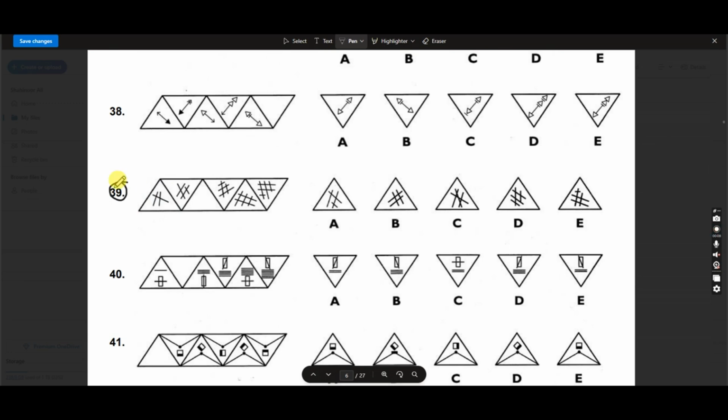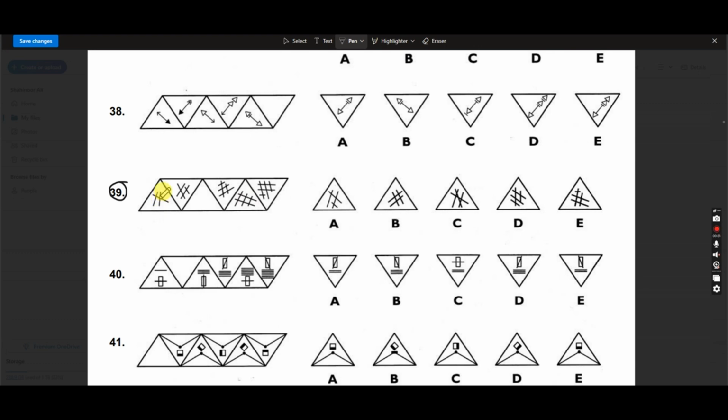Let's look at the actual sequence here again. Whenever you come across something that has multiple lines, we're looking for number, because more than likely there's going to be a sequence in terms of the number of lines, or number of intersections, or, for example, squares that it makes inside.